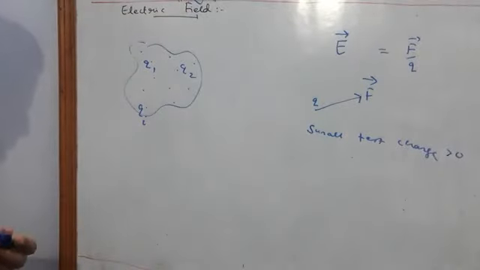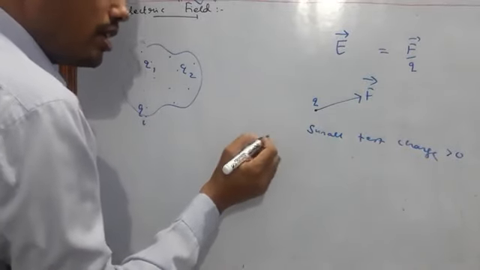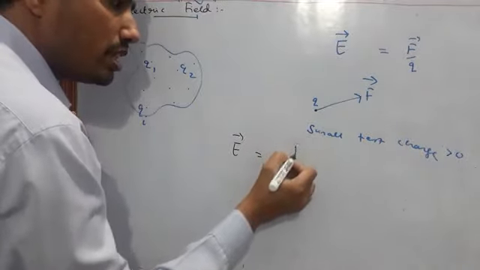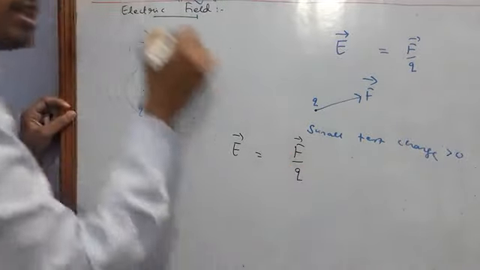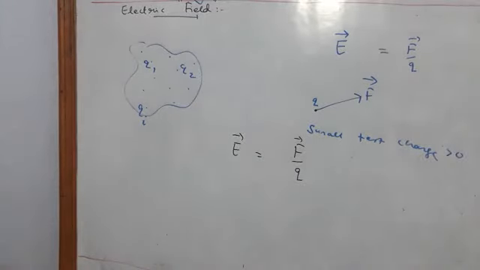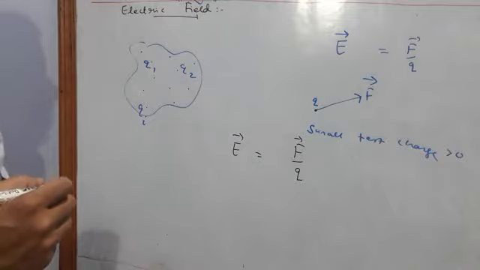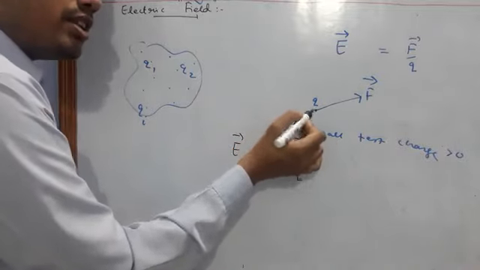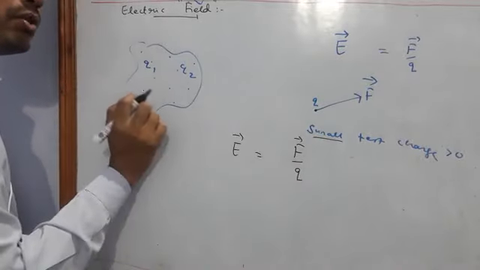Then the electric field at the location of this point will be given as the force experienced per unit charge. Now here, one thing I would like to add. Suppose we bring this charge q, and this q is not small, it has a significant value.